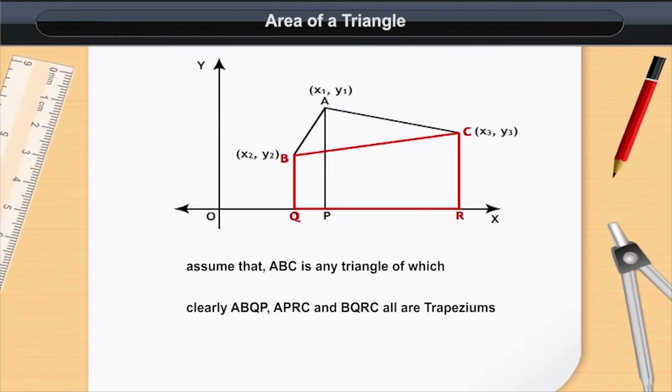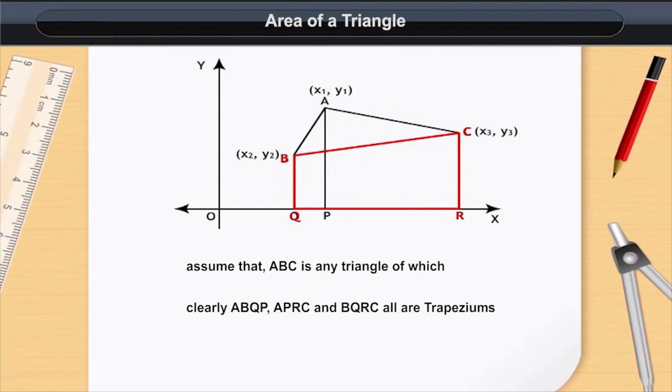Draw AP, BQ and CR from points A, B and C respectively on the x-axis in the form of a perpendicular. Clearly, ABQP, APRC and BQRC are trapeziums.